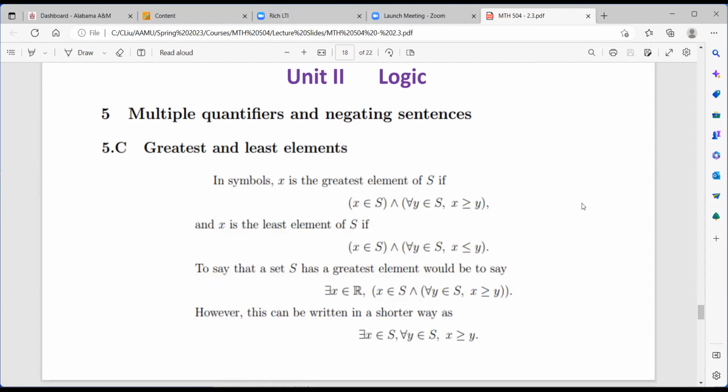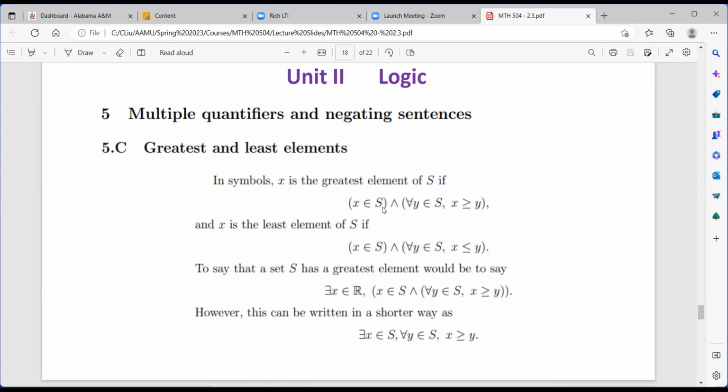So we can write the whole definitions of the previous page into symbolic logic. So if x is the greatest element of the set S, then we can write, x in S.